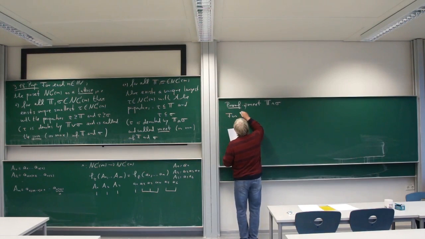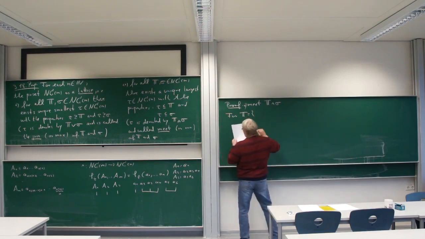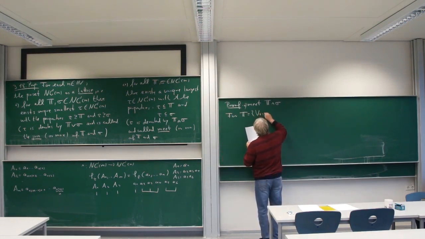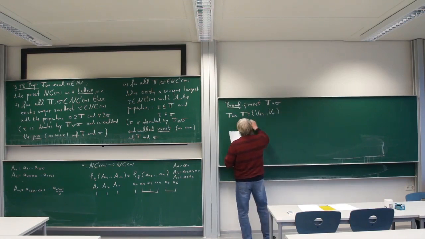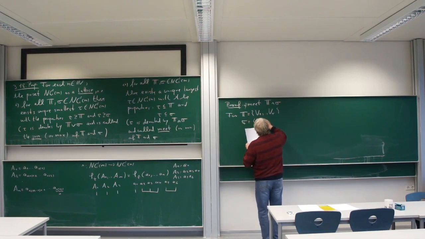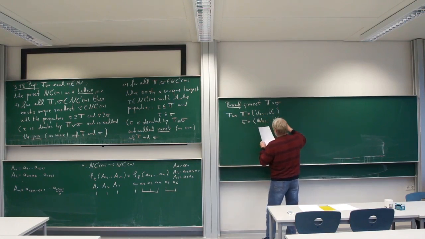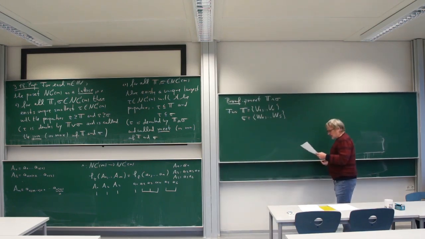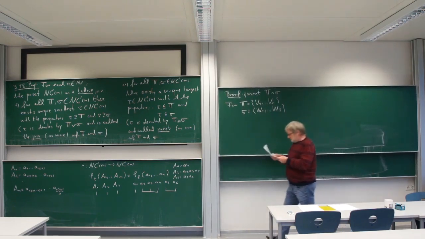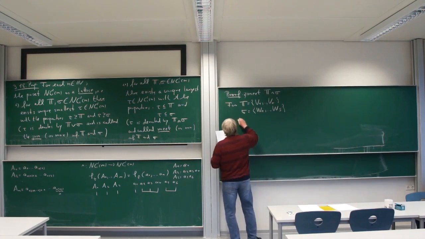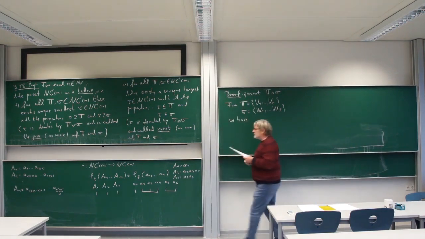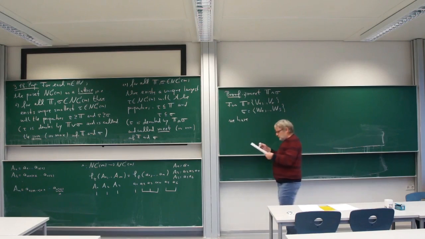So for pi with the blocks B1 up to BR, and sigma with the blocks W1 up to WS, so pi has R blocks and sigma has S blocks, we just take the intersections of them. And I'm claiming that this is really the minimum, and this is actually easy to check.